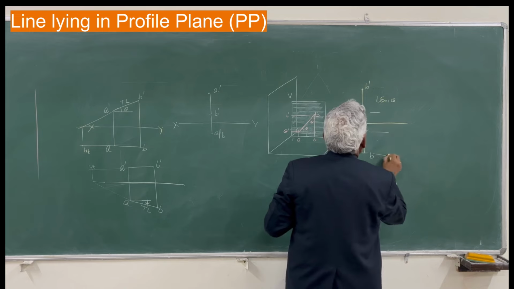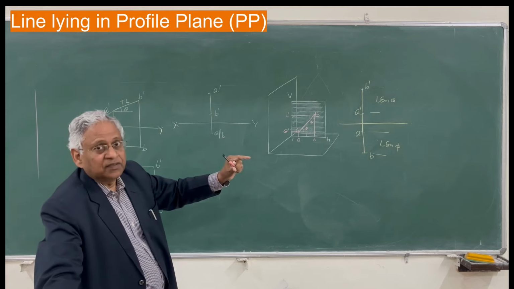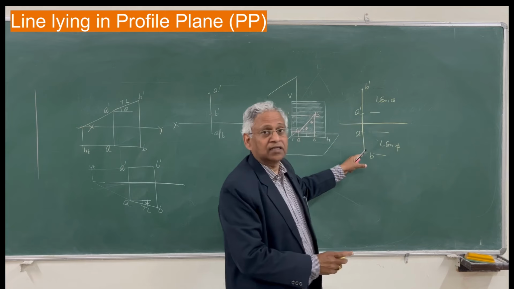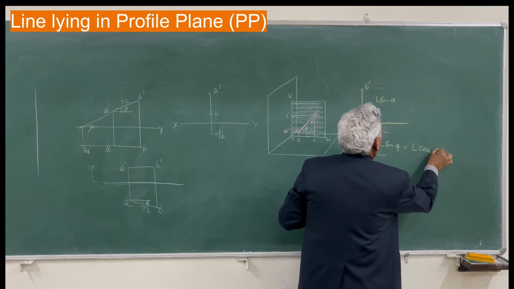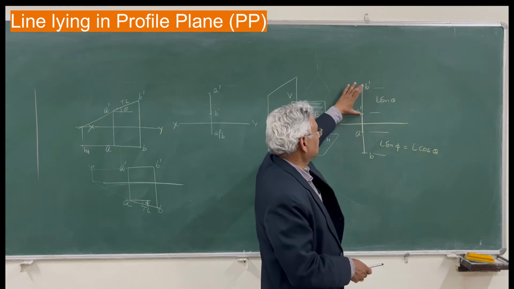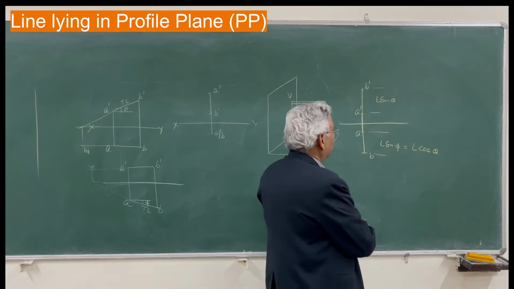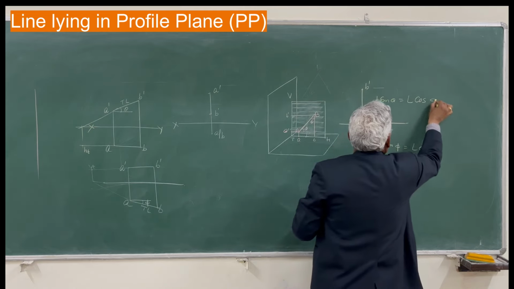This is L sin phi. The plan difference and plan length are the same because L sin phi is equal to L cos theta. This is the case here. The elevation length and elevation difference are the same, L cos phi.